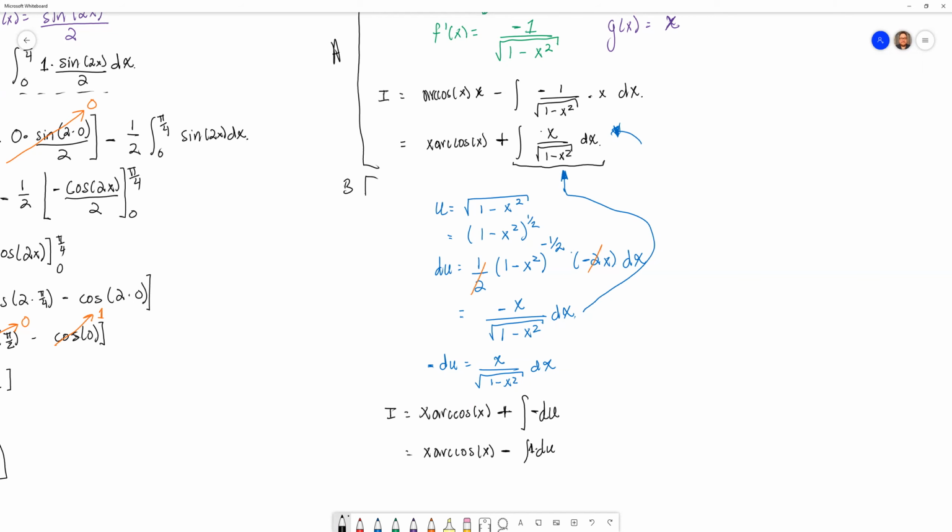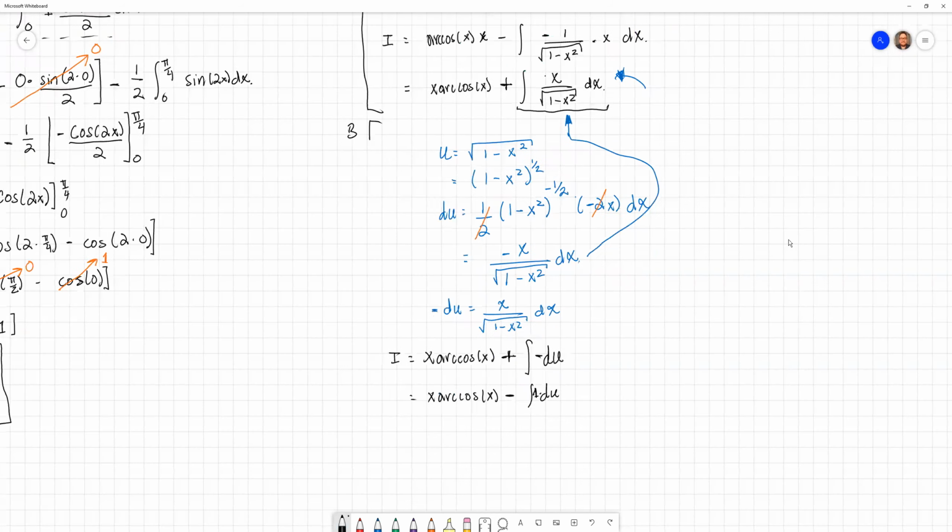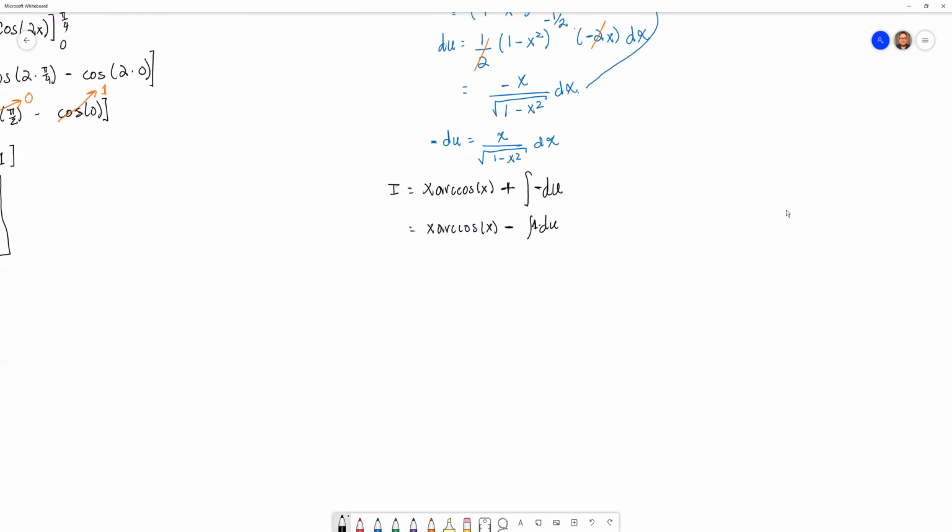So what is the antiderivative of 1? Well, you just add the variable there. In this case, it's u. So this is x arc cos of x minus u. And because we did the integral here, we then add that plus c.